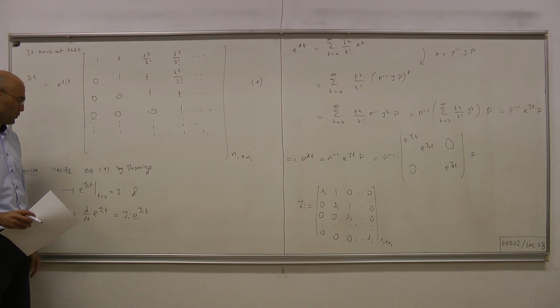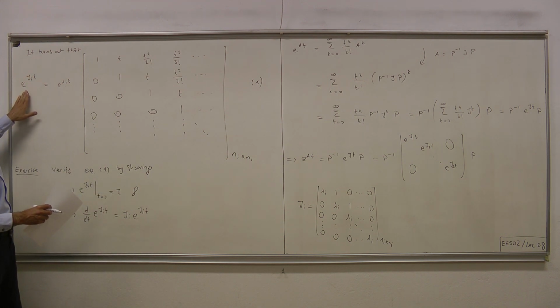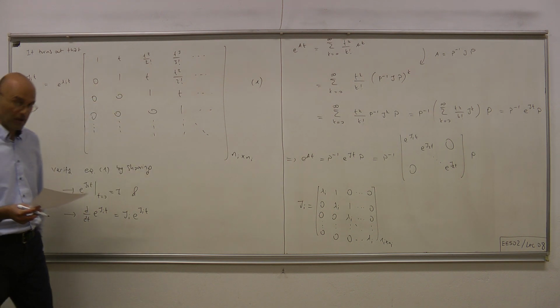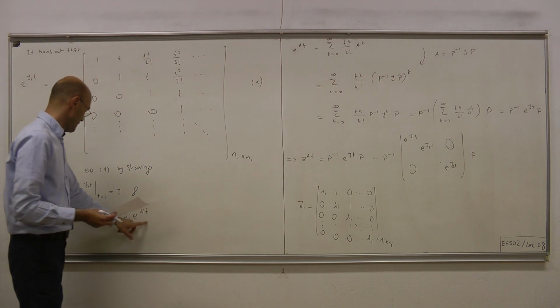If these two conditions are satisfied, then e to the Ji t must be this, because the solution to this equation is unique.